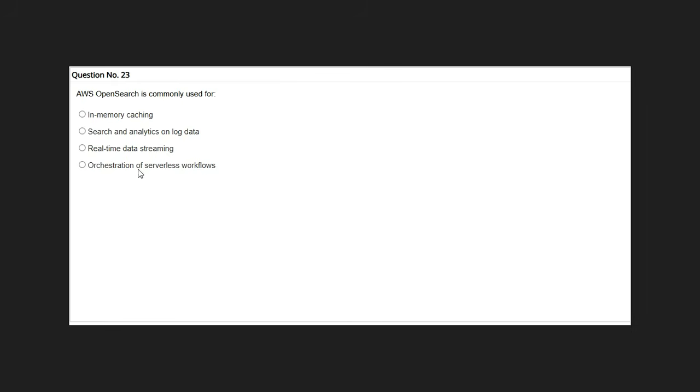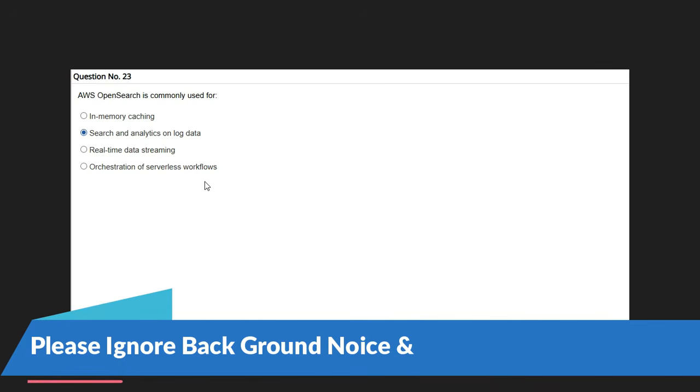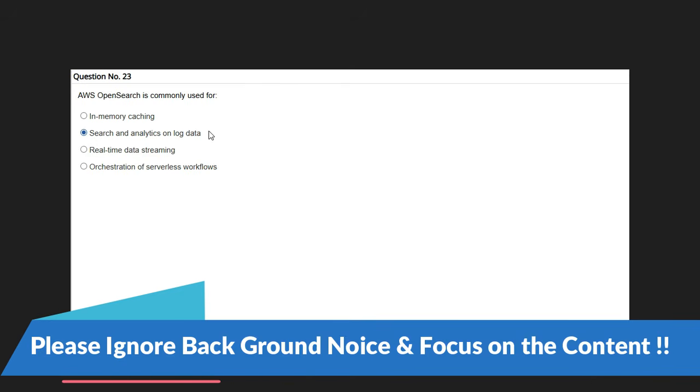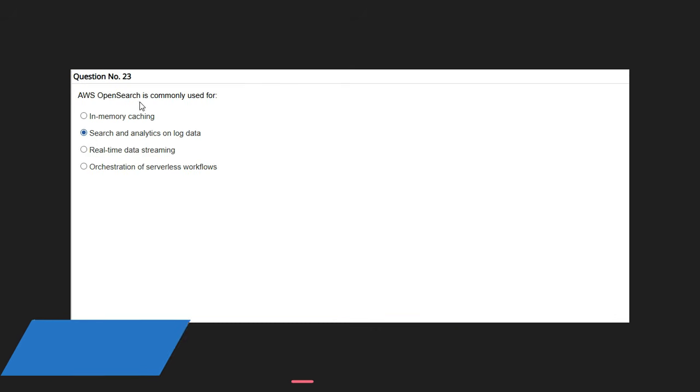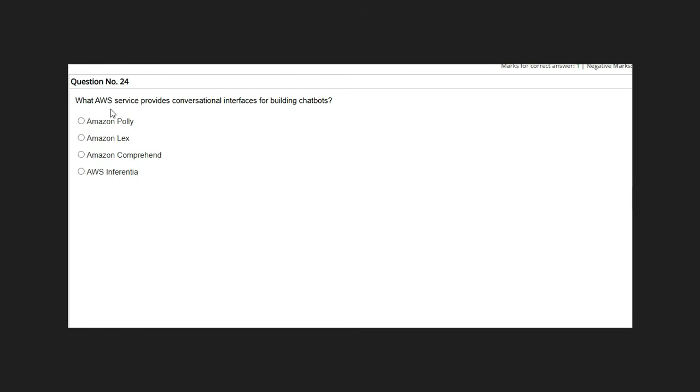Question number 24, highly important one. What AWS service provides conversational interface for building chatbots? So option A, Amazon Polly. Option B, Amazon Lex. And option C, Amazon Comprehend. Option D, AWS Inferentia.